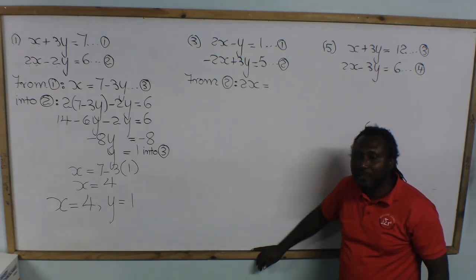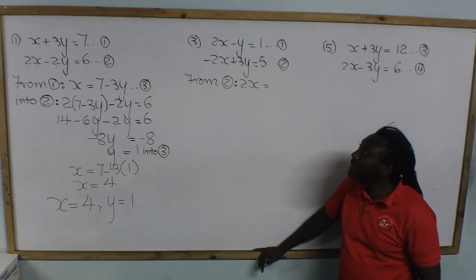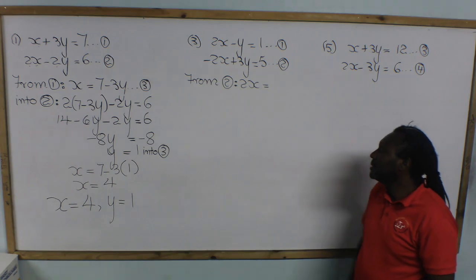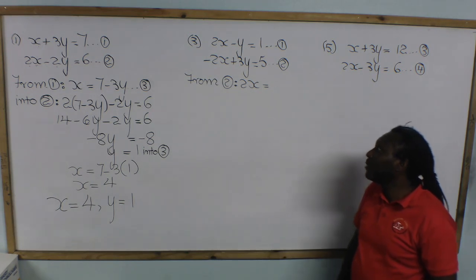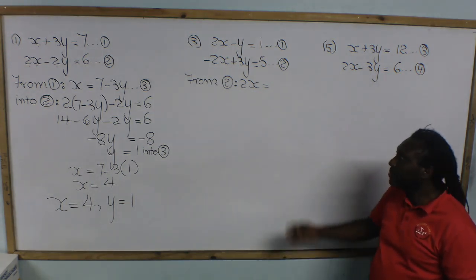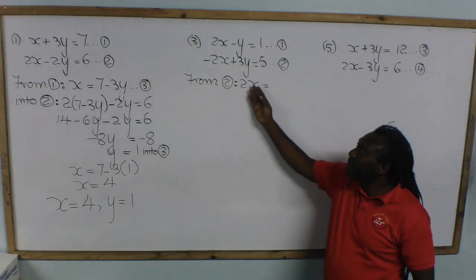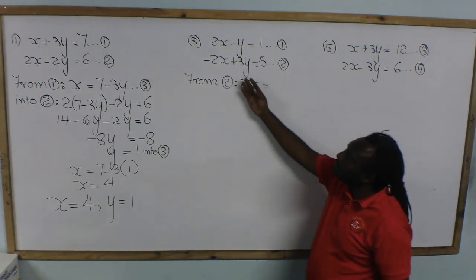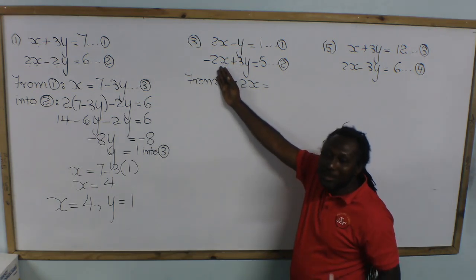I really encourage my students to take a lot of steps in their minds. Not that it is not important to write the steps on your paper, but to develop your mental capacity for the subject. So instead of writing 10 steps just to say that 2x is equal to 3y minus 5, you adapt the way of thinking to make that into one step. We eliminate the negative 2x from this side.